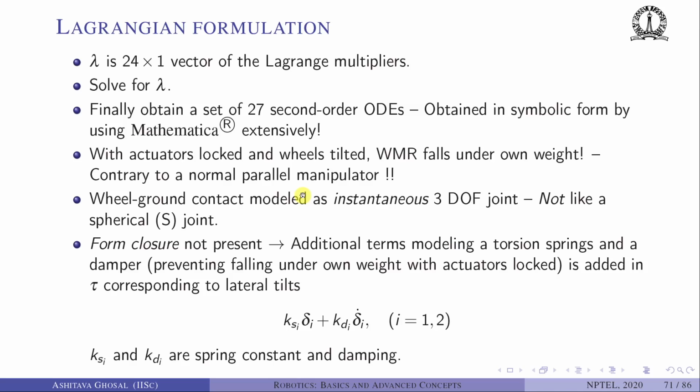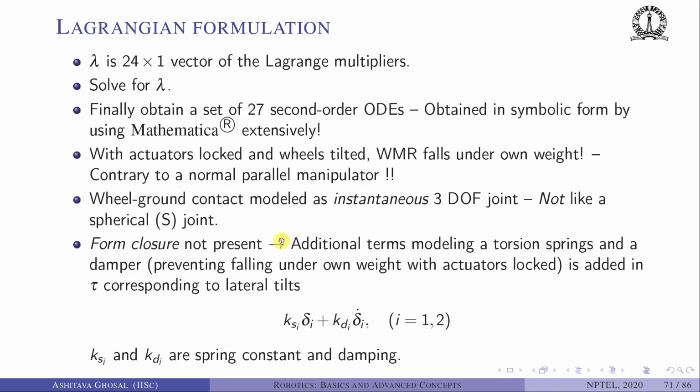In the case of a 3 degree of freedom WMR, because the constraints at the wheel ground contact points are non-holonomic, basically they restrict the velocities, but they do not restrict the configuration of the whole parallel manipulator. And as a result, the whole platform manipulator will fall. And this was seen during simulations.